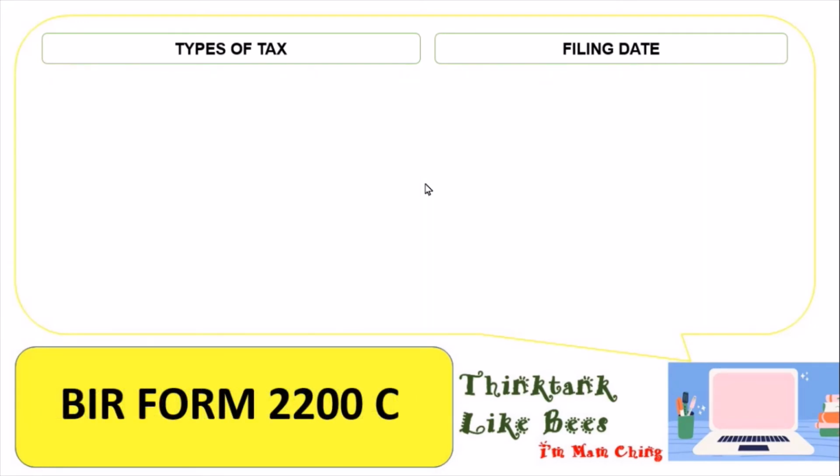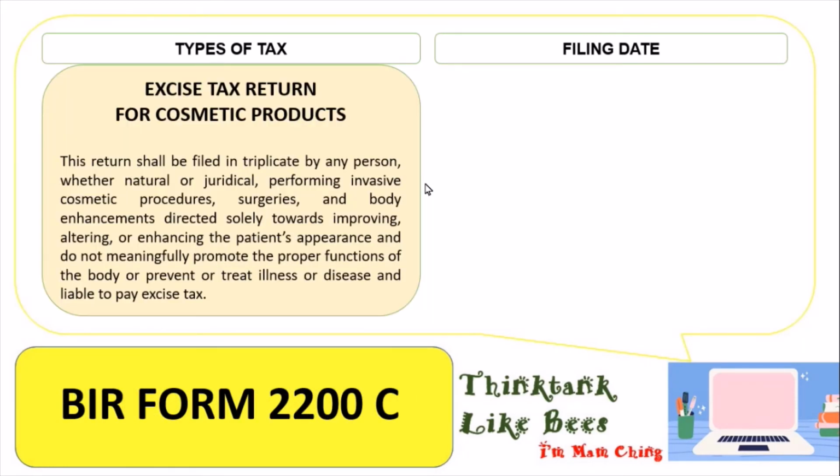Then we have BIR Form 2200C. So this one is the excise tax return for cosmetic products. So this return shall be filed in triplicate by any person, whether natural or juridical, performing invasive cosmetic procedures, surgeries, and body enhancements directed solely towards improving, altering, or enhancing the patient's appearance, and do not meaningfully promote the proper functions of the body or prevent or treat illness or disease, and who are liable to pay excise tax.